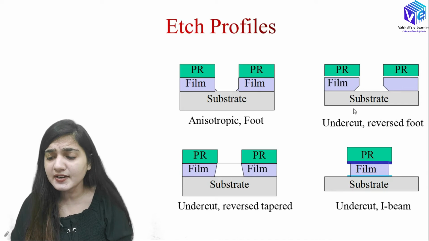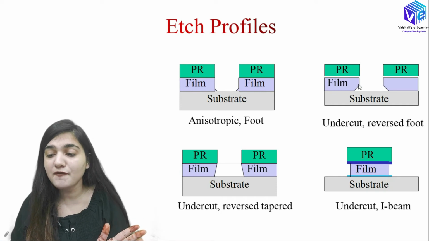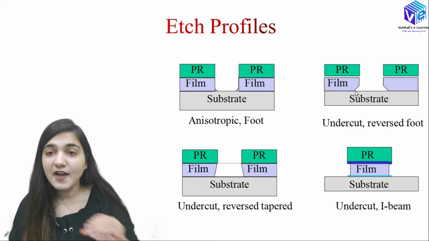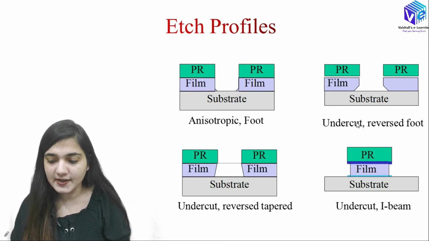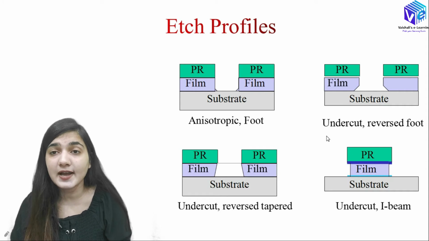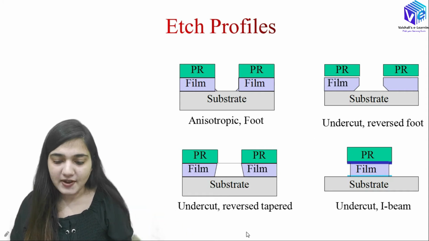Then we have undercut, which is the reverse foot. Undercut is also called the reverse foot because it is the reverse type of foot that we have. So we have removed a foot from the film. So this is the undercut reverse foot. This is also not desirable. The only thing that we desire is the anisotropic type of etch profile.